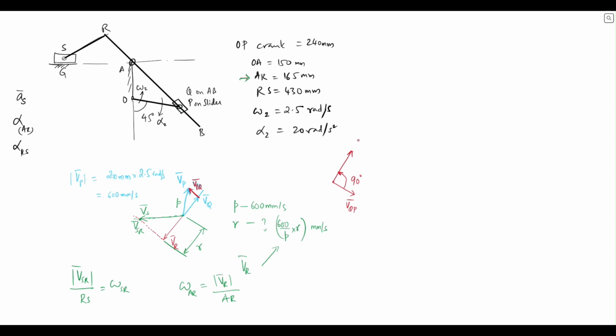So this will become the Coriolis acceleration of Q with respect to P. This we need to keep in mind. We also know that the slip acceleration is going to be perpendicular to this.